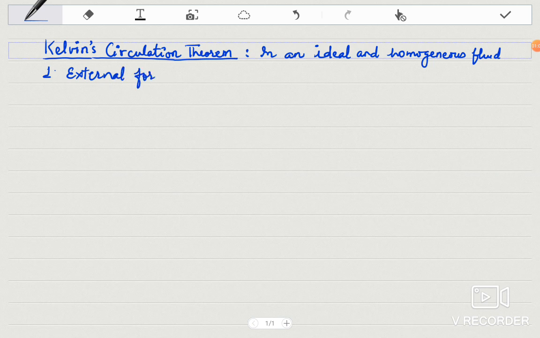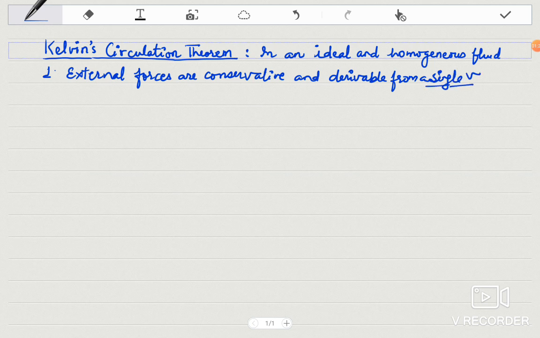I have told you about the meaning of conservativeness of external forces. Are conservative and derivable from a single valued force potential function.